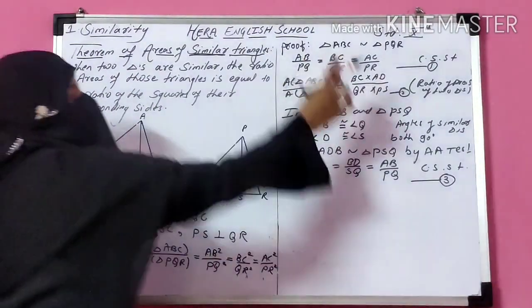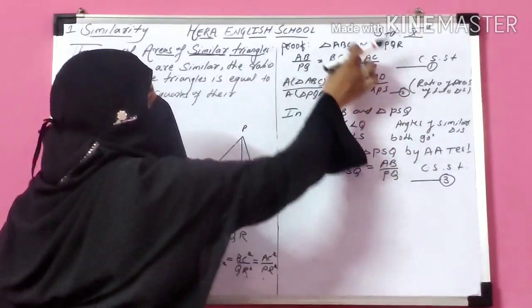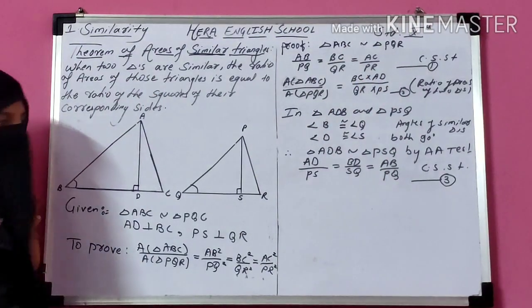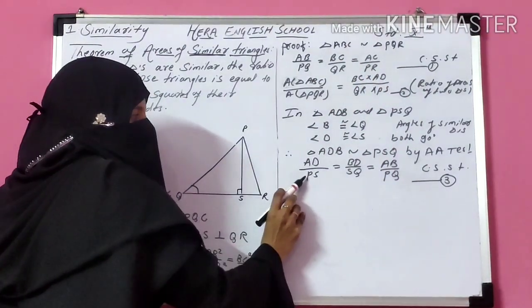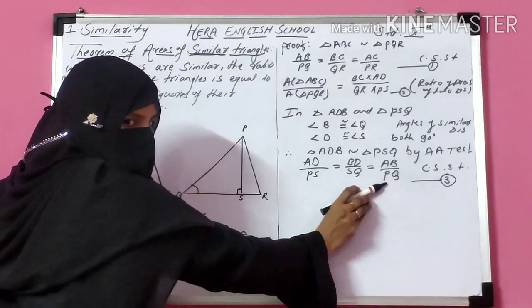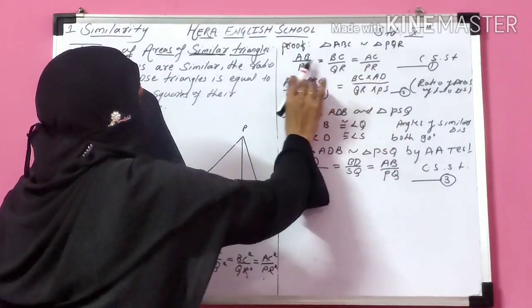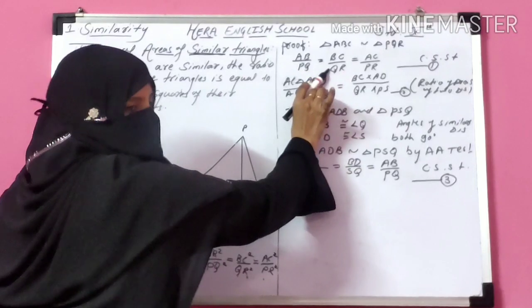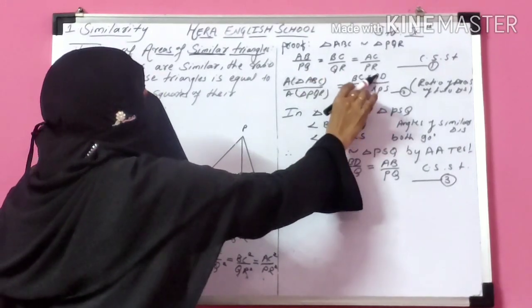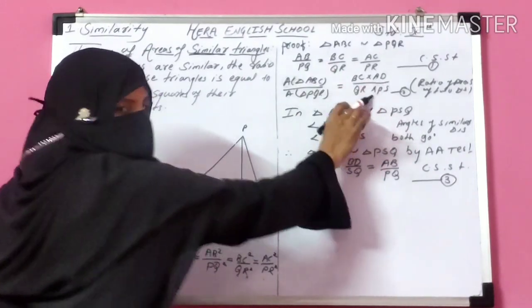So from 1, 2 and 3, AD upon PS you can replace with BC upon QR. Again observe, AD upon PS is equal to AB upon PQ, and see in number 1, AB upon PQ is equal to BC upon QR. So you can replace AD upon PS with BC upon QR.